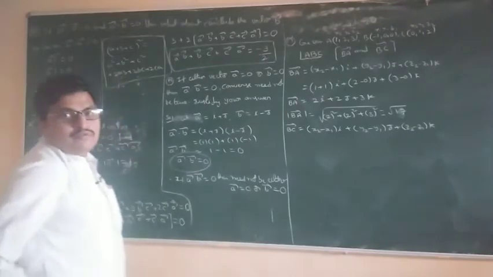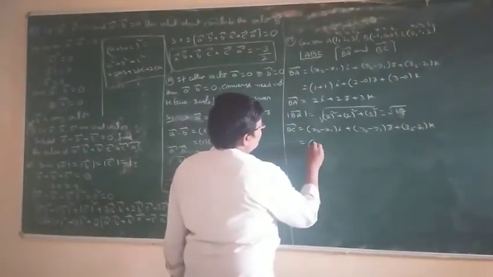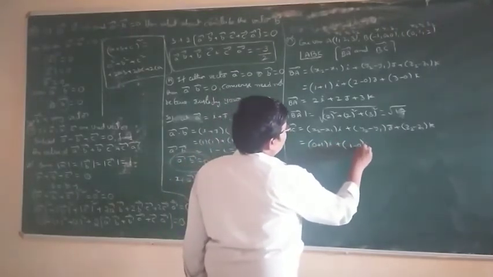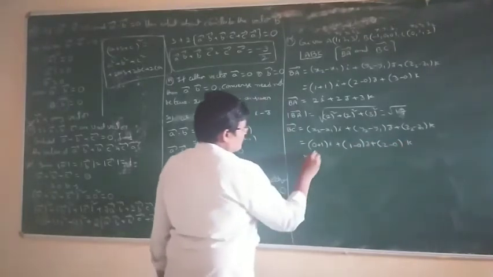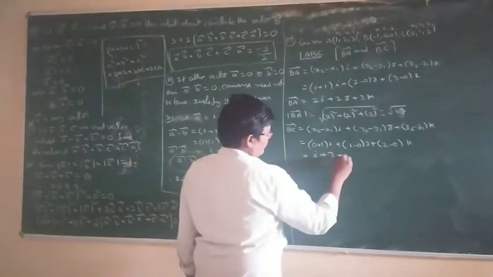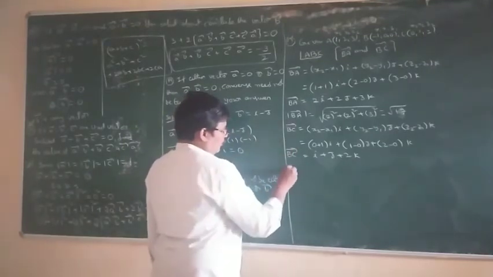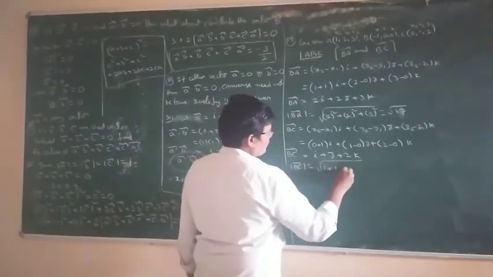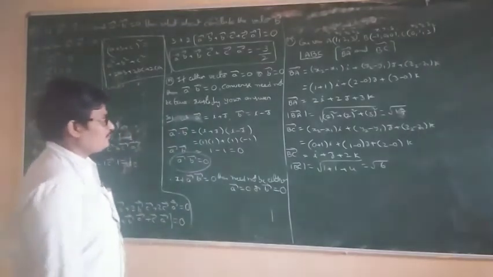So x2 0 minus of minus 1 plus 1 into i, y2 1 minus 0 into j, plus z2 2 minus 0 into k. So BC bar is i plus j plus 2k. Mod BC bar is equal to root of 1 plus 1 plus 4, that is root 6.